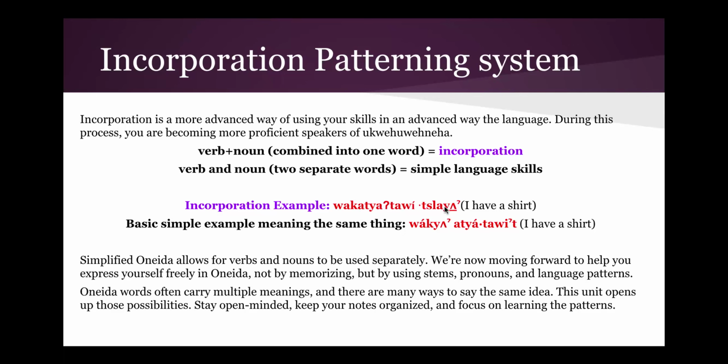This verb root is just Y and a caret if you look it up in the dictionary, if you're using that as a resource. And it has several different meanings actually. To have is one of them. And so when we want it to mean have, we have to use the objective pronouns with it.